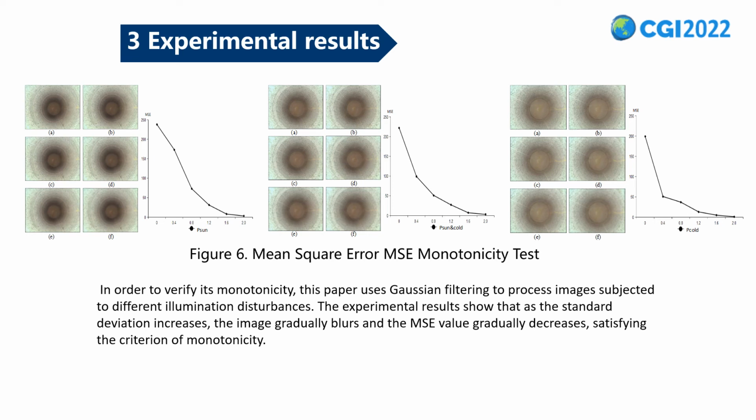The experimental result shows that as the standard deviation increases from 0 to 2, the image is gradually blurred and the MSE value gradually decreases, like this Figure 6, which satisfies the criterion of monotonicity.